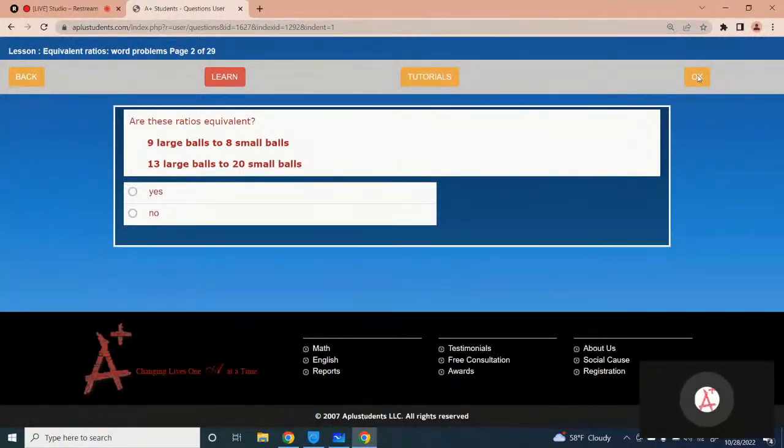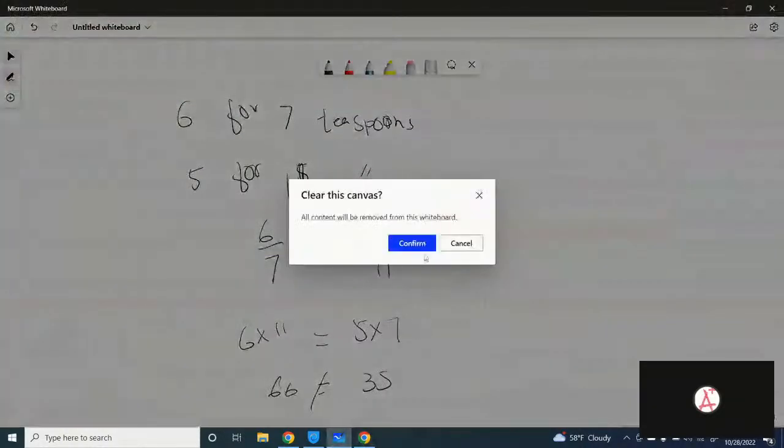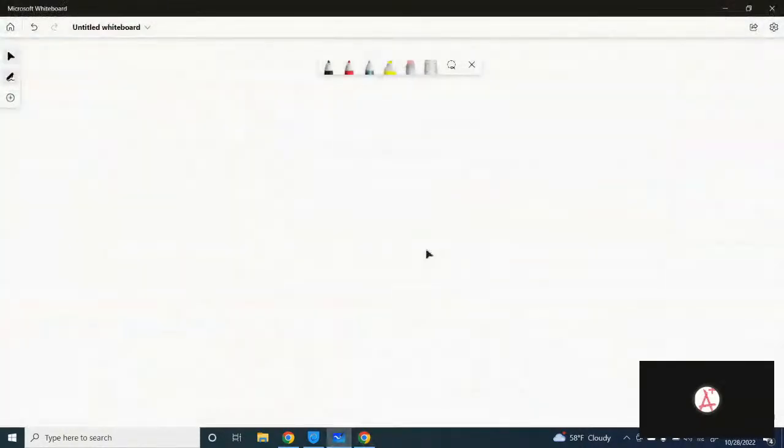Okay, the next one is 9 large balls to 8 small balls, so it would be 9 over 8, and 13 large balls to 20 small balls, so it would be 13 over 20. Let me write down the fractions, 9 by 8 and 13 over 20. Got it?